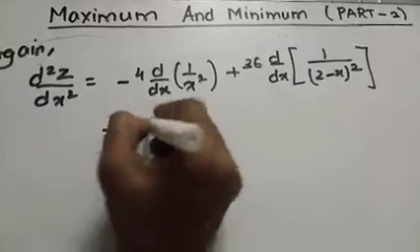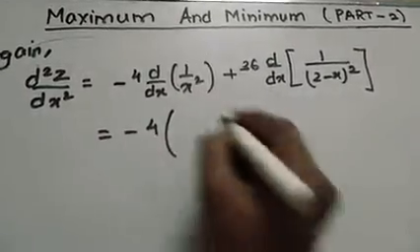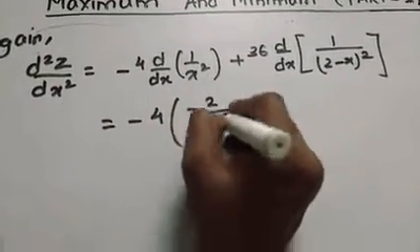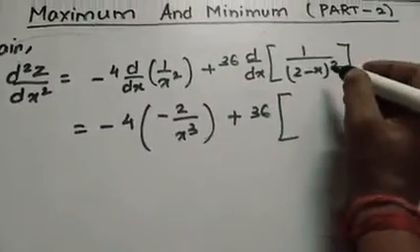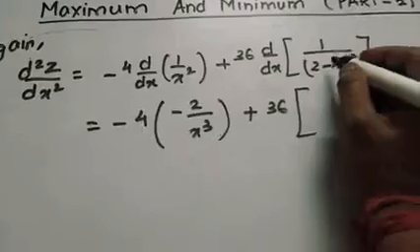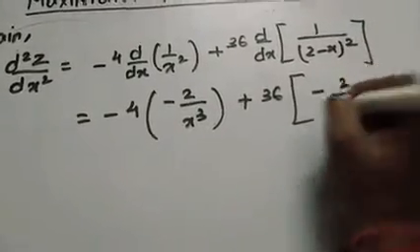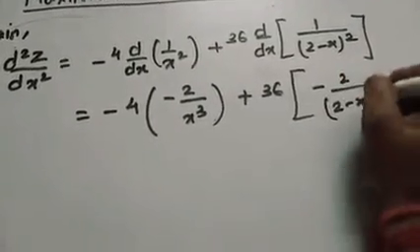The derivative of 1 by x square, by using that formula, is minus 2 by x cube. Similarly for this part I am just writing directly, you will solve that part yourself. So minus 2 by 2 minus x whole cube.